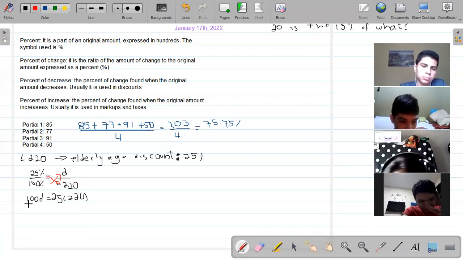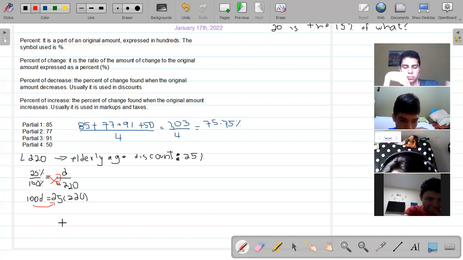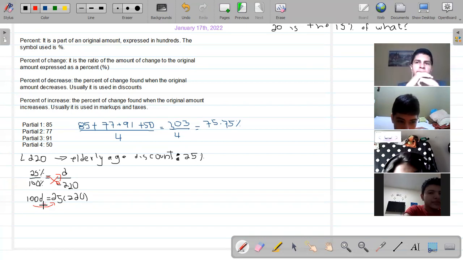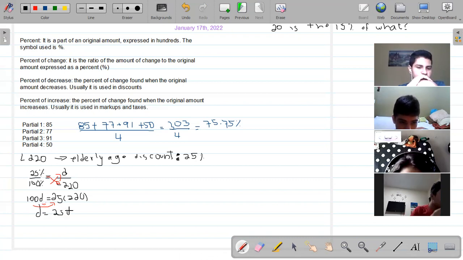So let's pass that 100 to the other side with its opposite operation, in this case, a division. So we're going to divide. D is equal to 25 times 220, everything divided by 100.